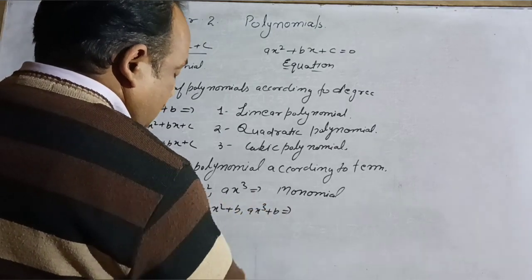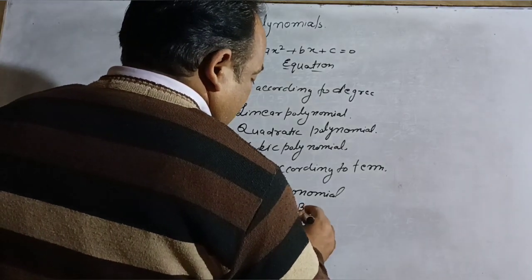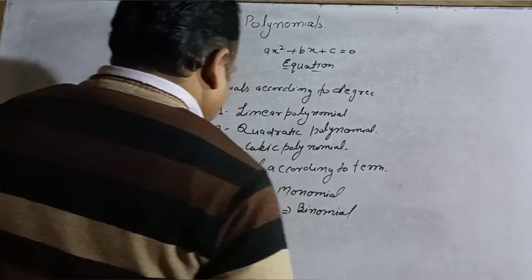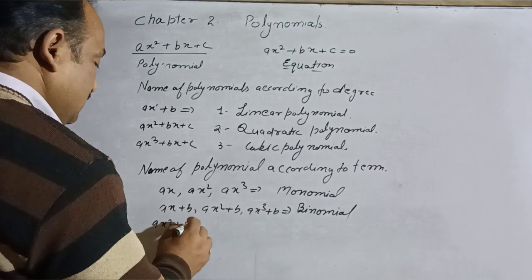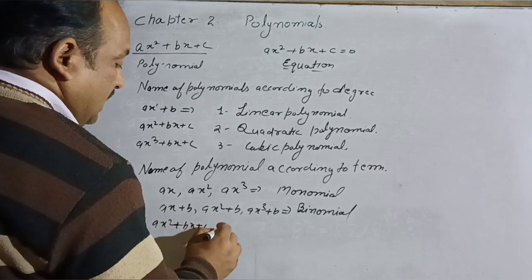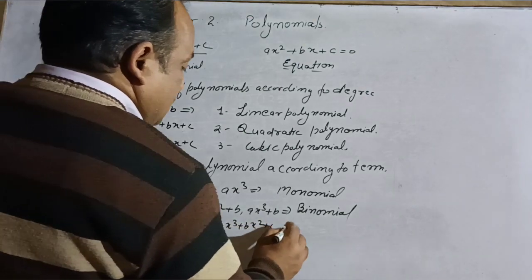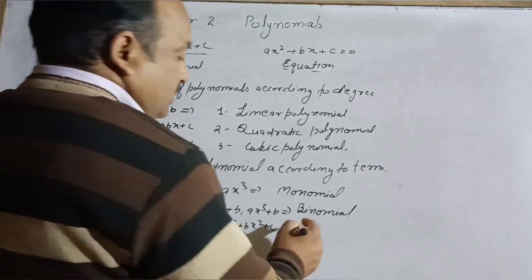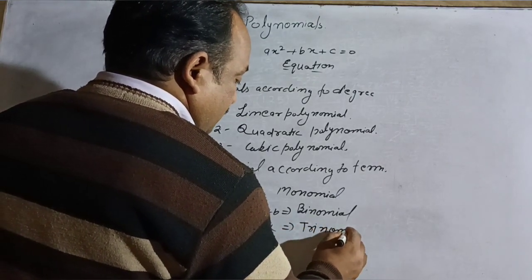This type is called a binomial. And ax square plus bx plus c or ax cube plus bx square plus c, this type of polynomial has three terms, therefore this is called a trinomial.